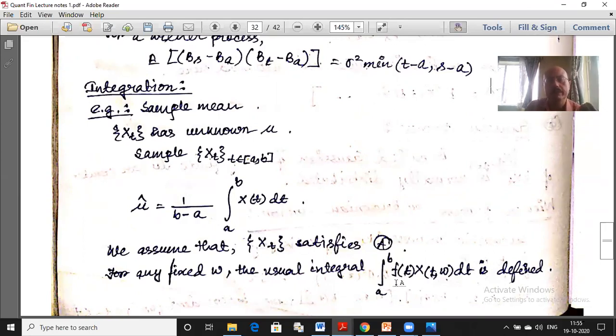So I can define an integral like a to b of f(t) X_t(omega) dt, where f(t) is any deterministic function of time. So there is no ambiguity in understanding what this integral means. Because I have fixed omega, there is no further uncertainty. It is only a function of time. So integration, as in the usual Riemann integral, is well defined. And we know how to do it. We have learned it in our undergraduate first year.